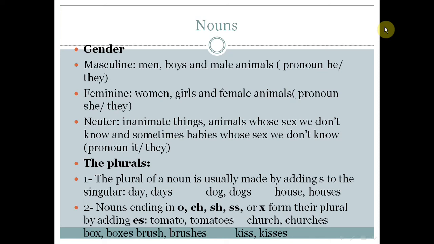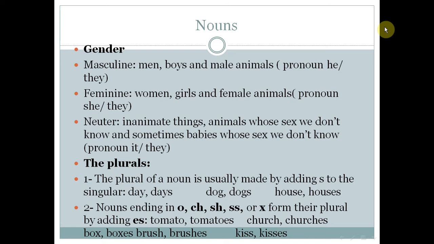Feminine: women, girls, and female animals. Pronoun she for singular and they for plural. Neutral: inanimate things, animals whose sex we don't know, and sometimes babies whose sex we don't know. Pronoun it for singular and they for plural.